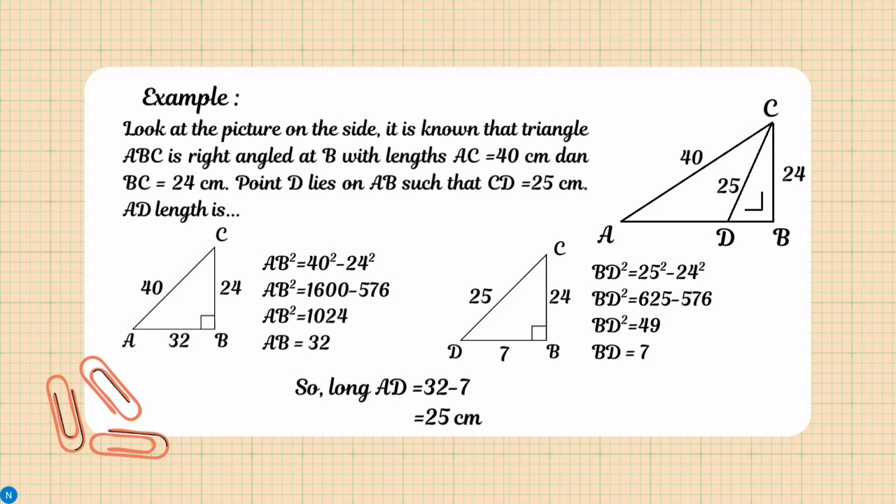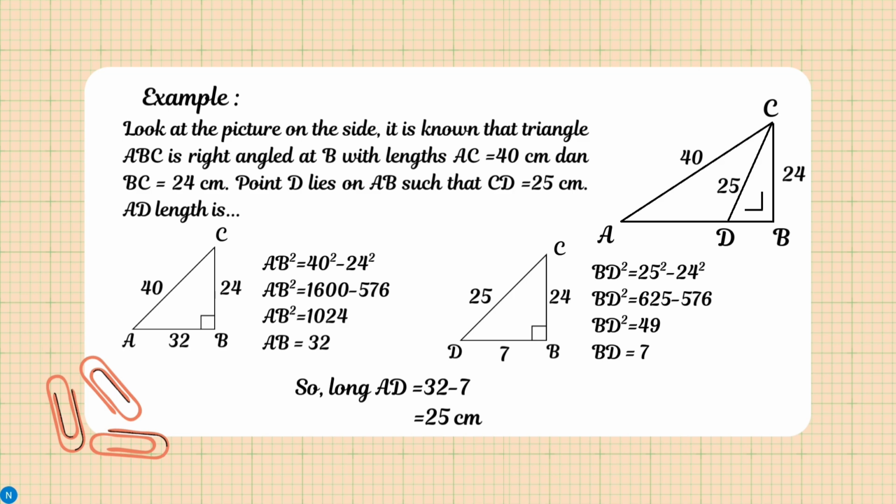Now let's focus on right triangle ABC first. The length of AC is 40, the length of BC is 24, the right angle is at B, so the opposite side is 40. This means that the Pythagorean formula is AB squared equals 40 squared minus 24 squared.